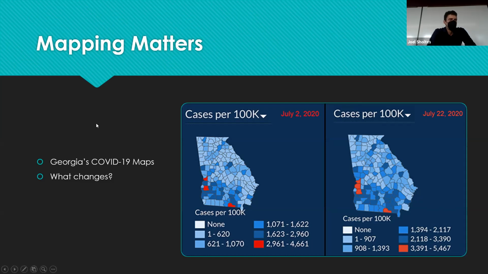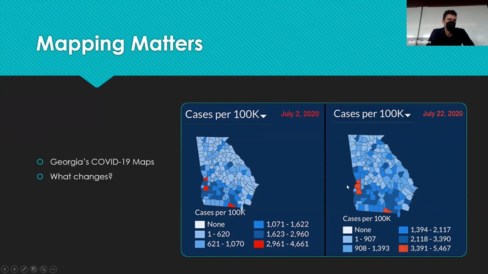So we originally had red starting at 2,900, and you could look at this scale and be like, oh, they just did equal intervals, right? Something like that. Well, no, it's not equal intervals. It's some type of interval, but it's really hard to know what that interval is. And then they changed the scale.